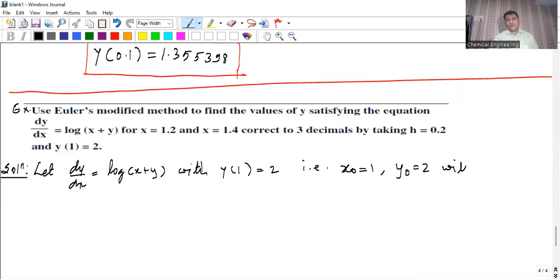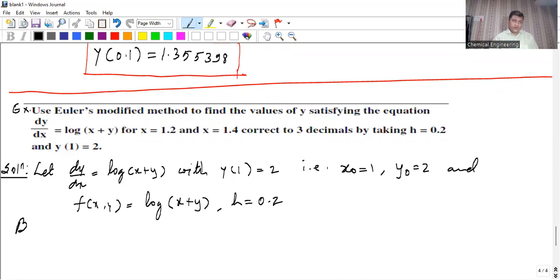We have the function f of x, y is equal to log of x plus y, and here h is given to be 0.2.